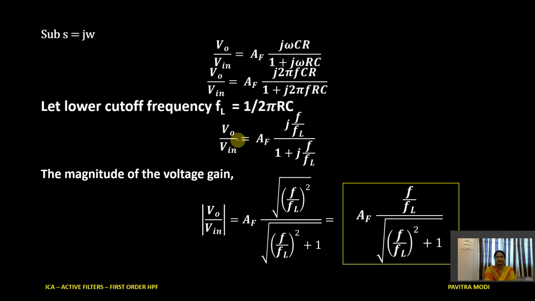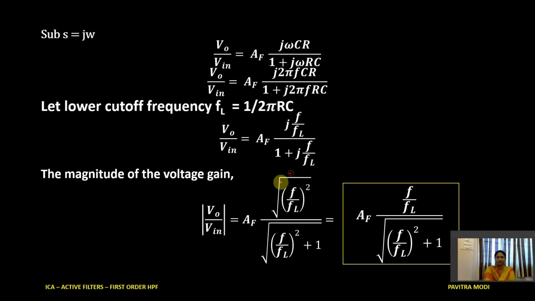Therefore the gain expression is AF into jf by fL divided by 1 plus jf by fL. And from this we can write the magnitude of the voltage gain as AF into, here we have a complex term, root of (f by fL) whole square, divided by, here also a complex term, root of 1 plus (f by fL) whole square.